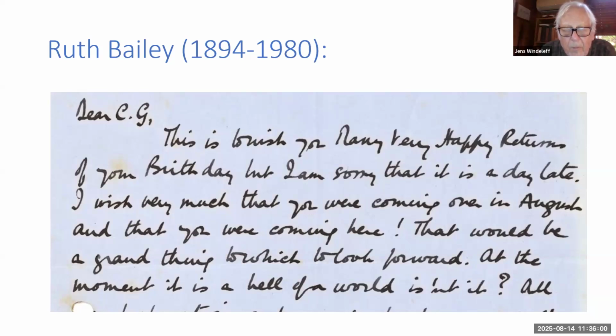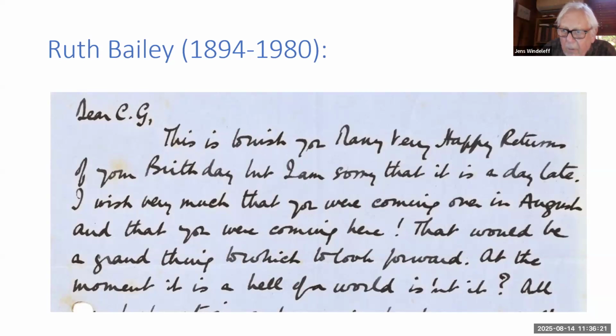It's written by her grandnephew, David Bailey, and it's called Jung and the English Woman, and it tells about their relationship. They were not lovers.